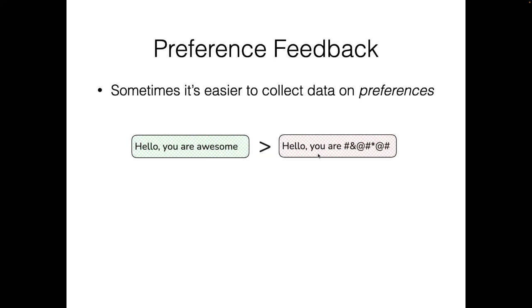And perhaps we would prefer if our system produced an output that looks like this green one. And so sometimes it's actually easy to ask a human to say, is this one preferred over the other one, versus asking them to assign some kind of numerical score to each one of them. And so we want to be able to leverage this kind of feedback to improve the model.